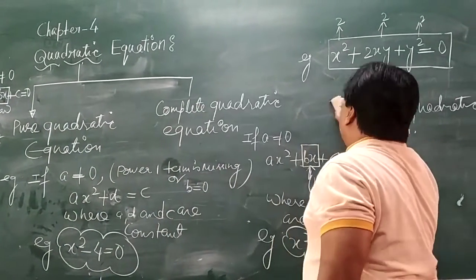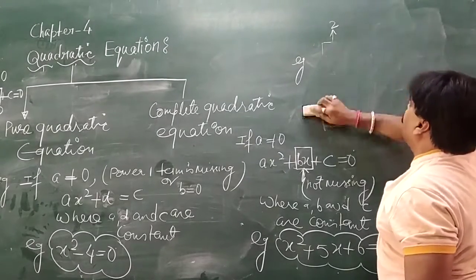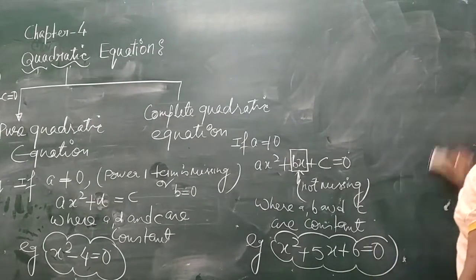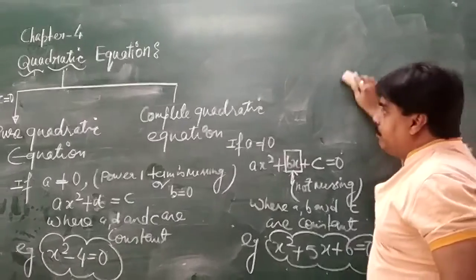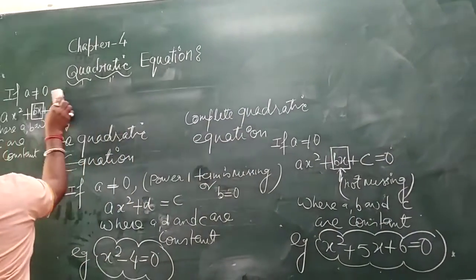Now we are going to discuss how can we check whether the given equation is quadratic or not. So one question I am taking, with the help of the question we will try to understand.